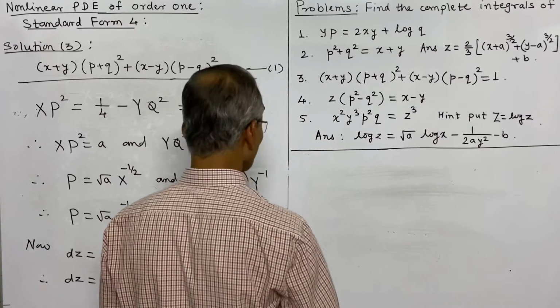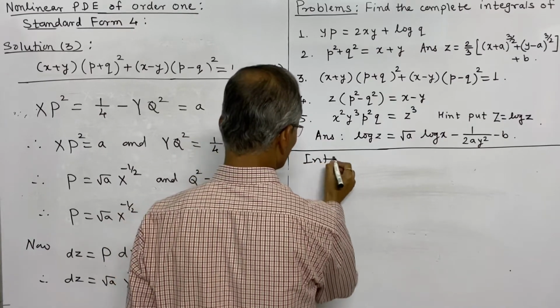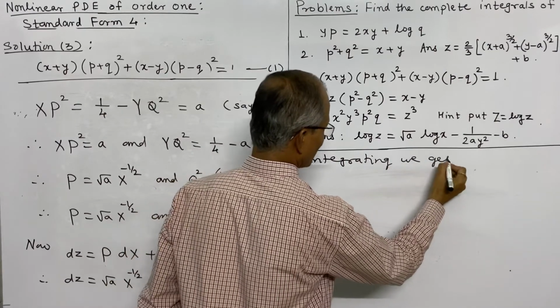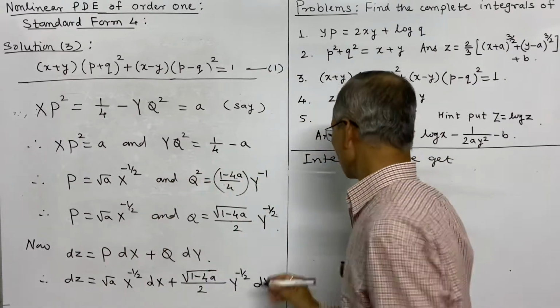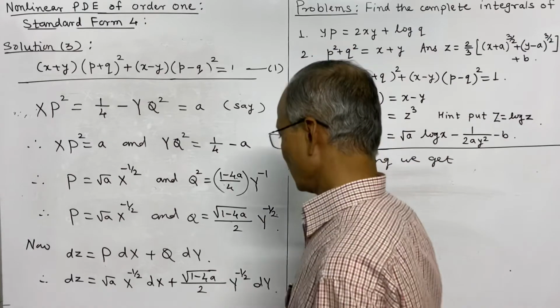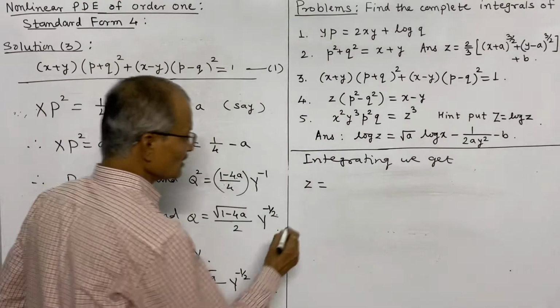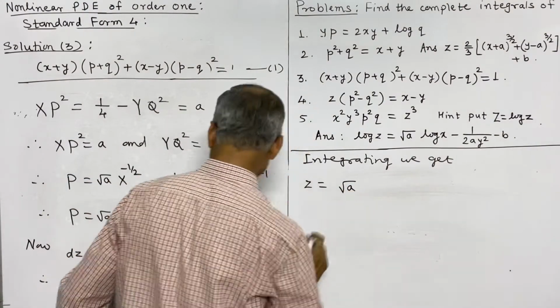Integrating, we get, what is the integration of dz? That is z. And now the integration is simple. It is in this separated form. So integrating this with respect to x, root A is constant. And what is the integration of x to the power negative half?